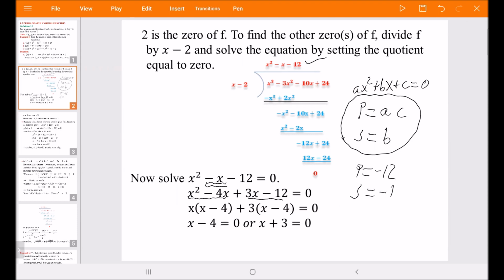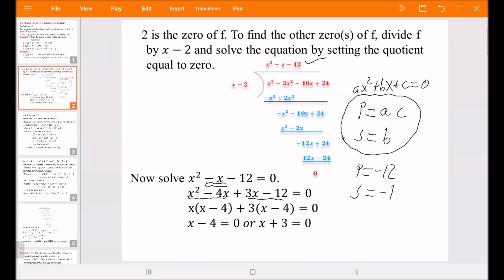So from among the list of factors of 12, which of these factors, when multiplied together, gives minus 12 and their sum is minus 1? These two numbers are minus 4 and 3. Minus 4 times 3 is minus 12. Minus 4 plus 3 is minus 1. So the middle term minus x is substituted by minus 4x plus 3x.